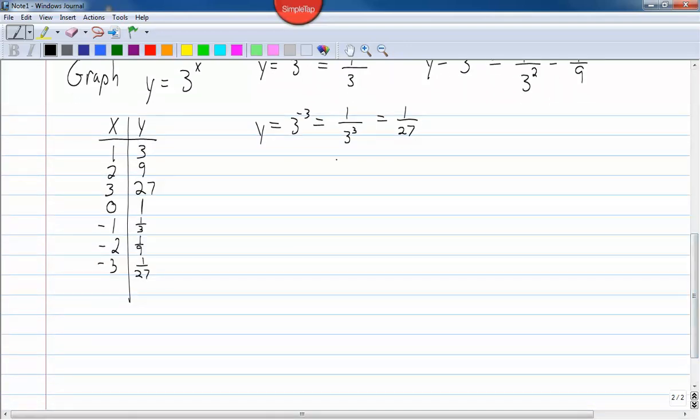Let's see what that would do to the graph. I'm going to try to space this out a little bit. It's going to be really hard though, because my numbers get really big really fast with the y's. So I'm probably not even going to be able to graph this point 3, 27.